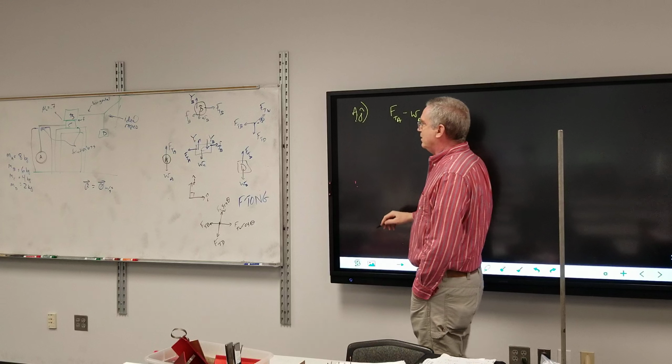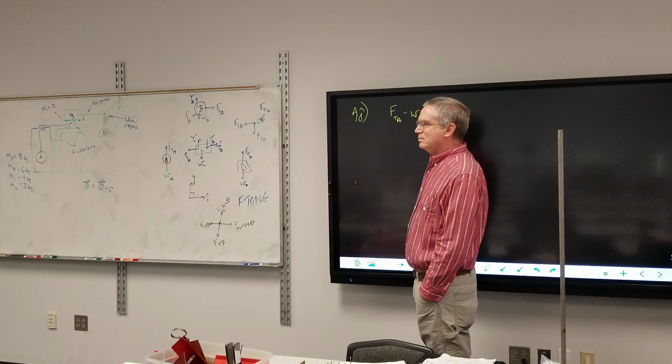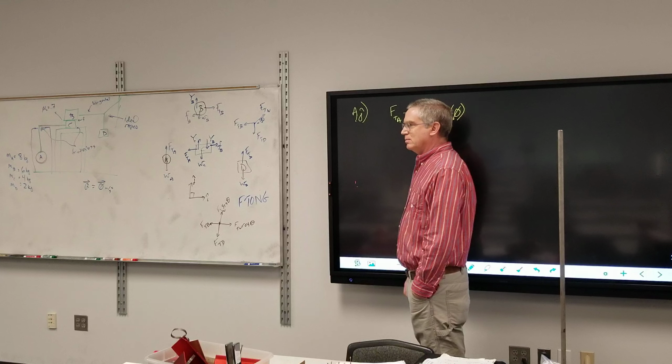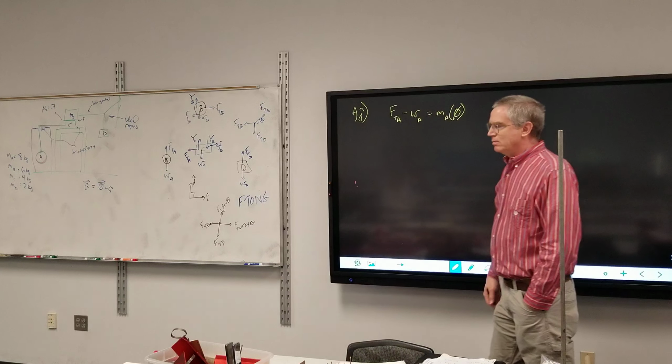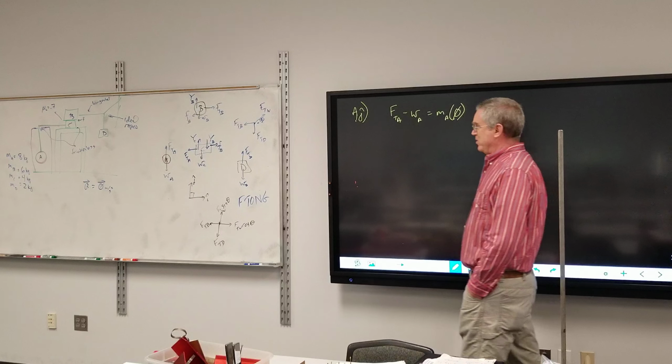So can we rewrite this, just writing that down initially as FTA minus WA equals 0? I'm fine with that. If you want to do multiple steps in your head, I'm okay with that, just don't make careless errors.